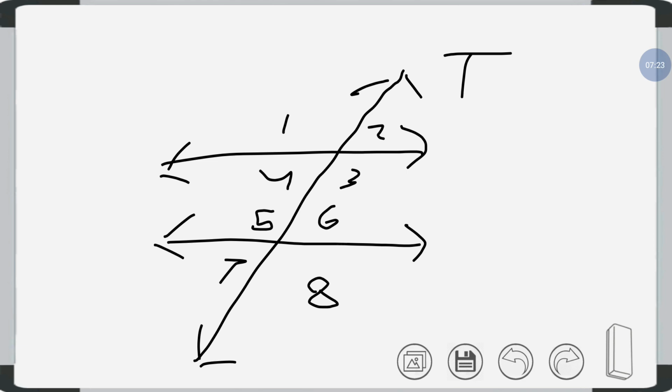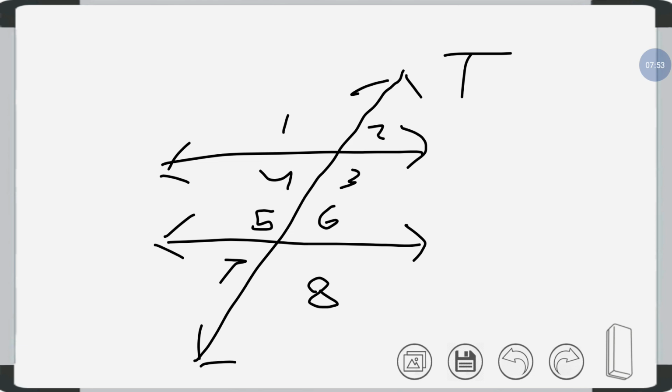Okay, and then how can we find the measure of these? For example, we know that corresponding angles are congruent.